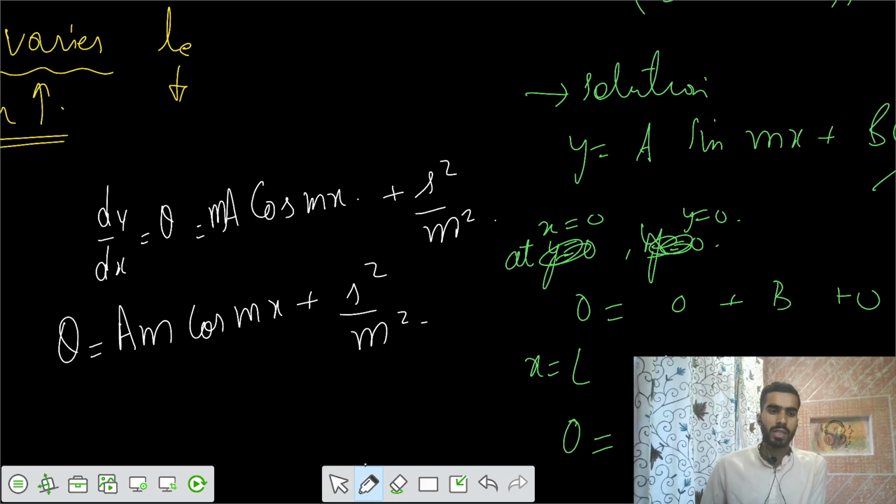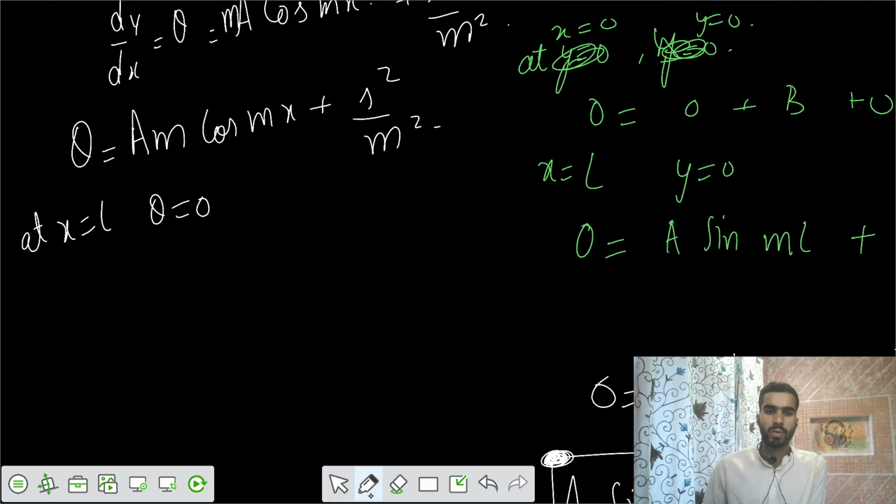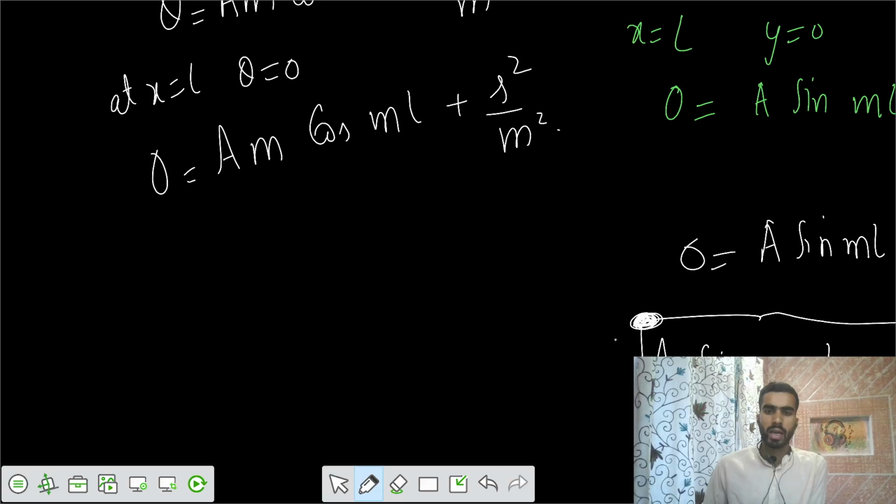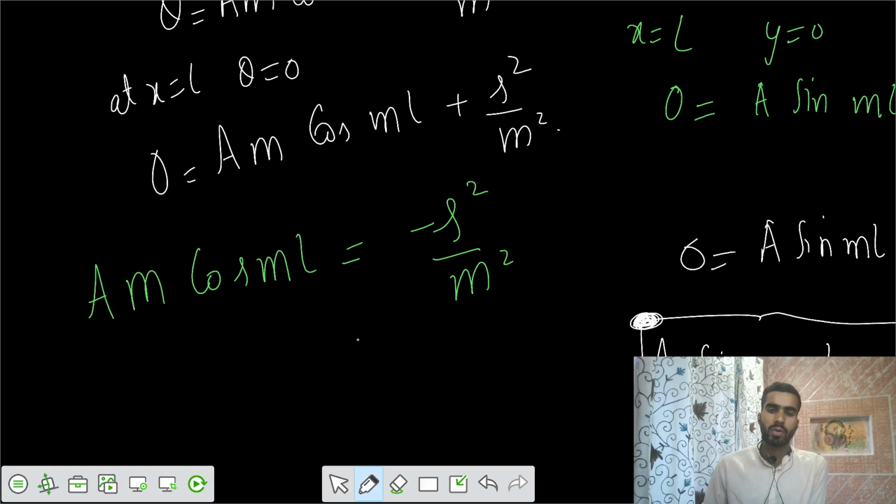If I apply the boundary condition that at x equals L, theta is 0, then 0 equals A m cos ml plus s²/m². So A m cos ml equals minus s²/m², and I know the value of s²/m², which is minus V/P. So A m cos ml equals V/P.